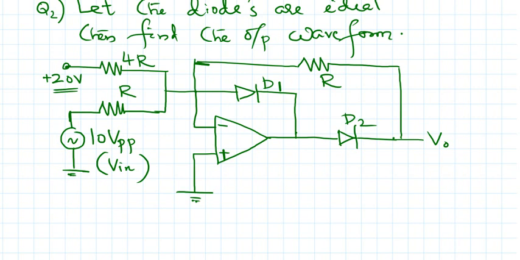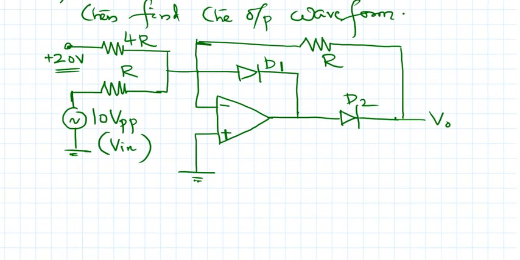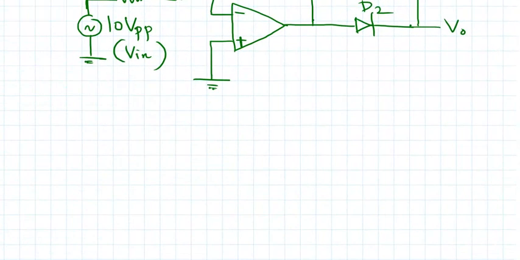I believe you have drawn the circuit, then we can proceed. So the input voltage is 10 voltage peak to peak. Okay.